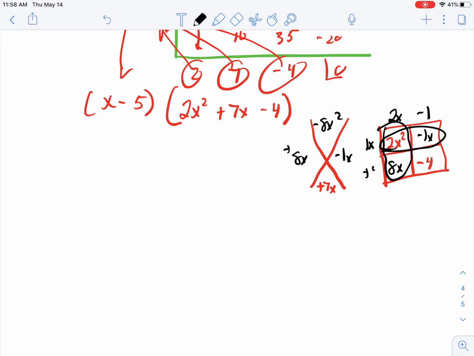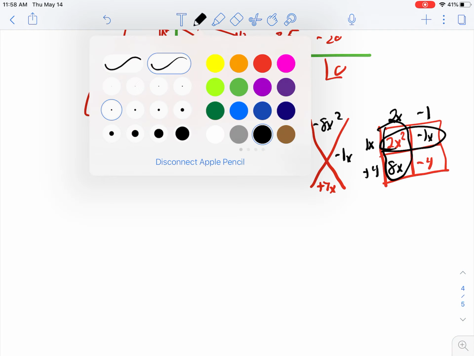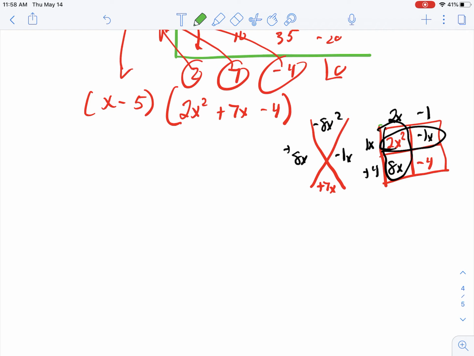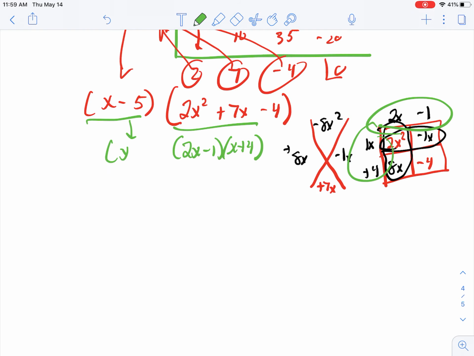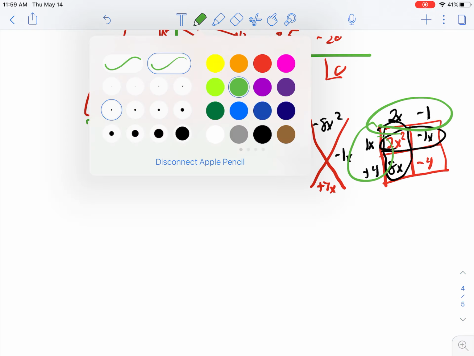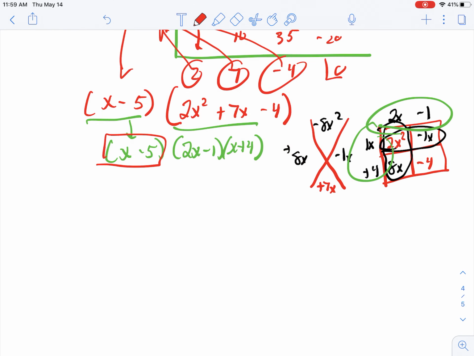That would mean that this would be a -1 here, and here would be a +4. So my factors for this are 2x minus 1, x plus 4, and x minus 5. Because remember, this is the one that came from up here. And there's my 3.